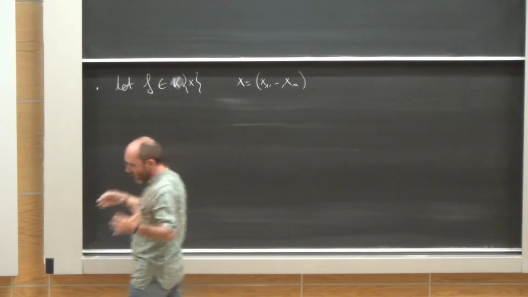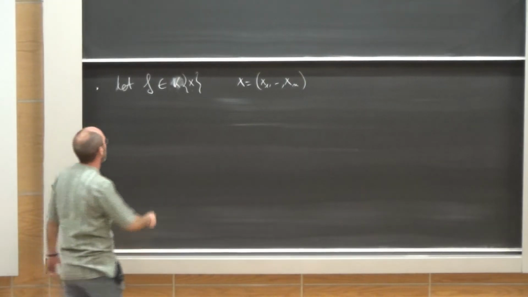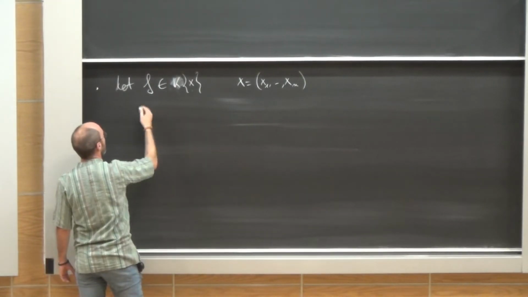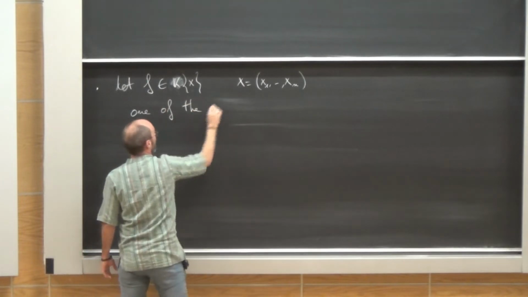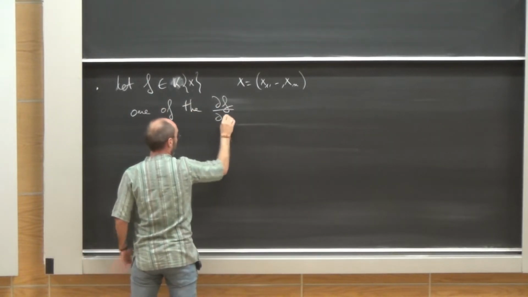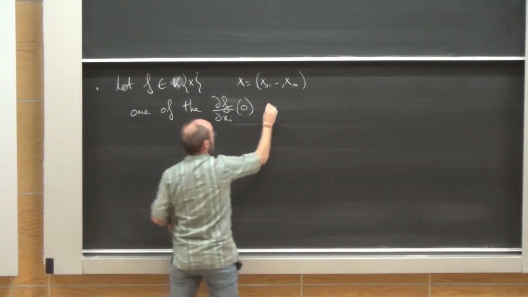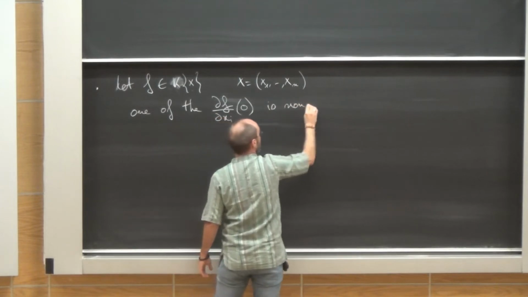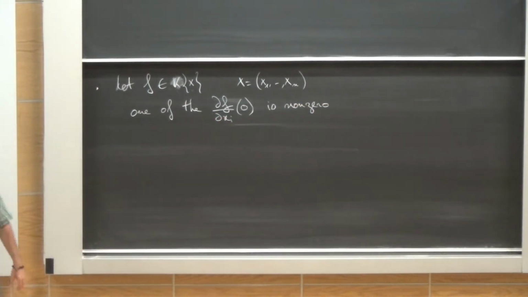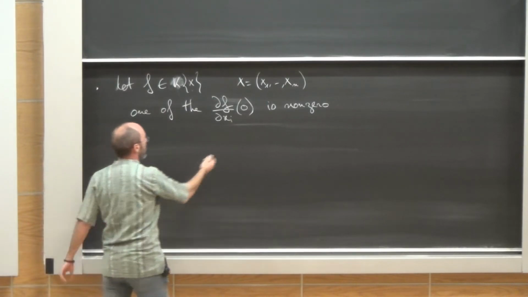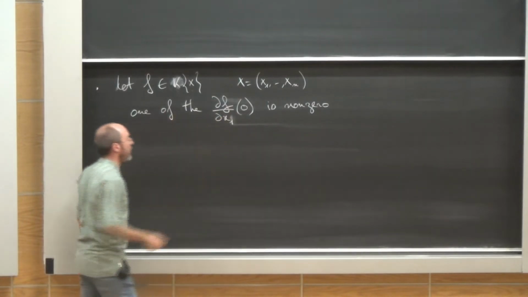And I assume that f is smooth at the origin, so I mean that one of the partial derivatives of f at 0 is non-zero. Okay? And let's say, for instance, that it's the first one, for simplicity.